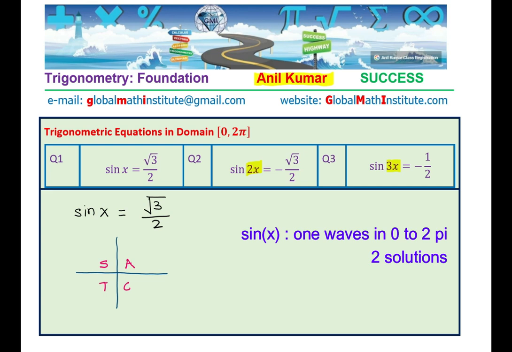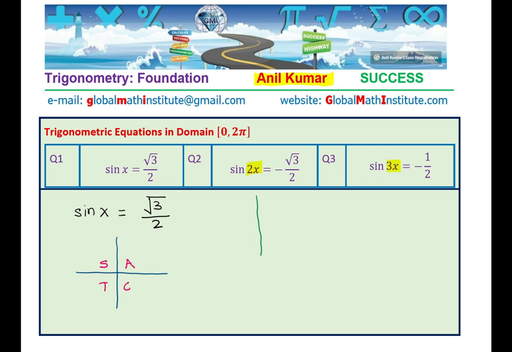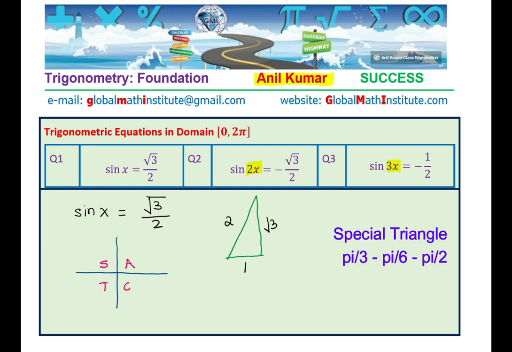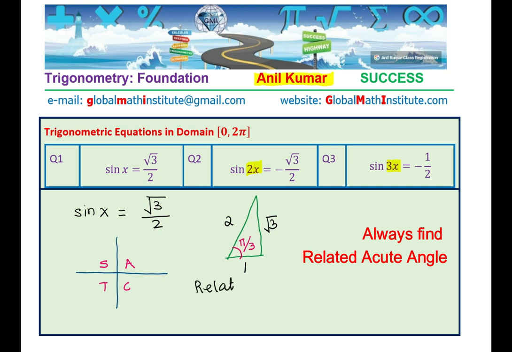To find the solution, we can look into the special triangle where the sides are in the ratio of 1 to square root 3. Square root 3 is right opposite to the angle pi by 3, correct? So the related acute angle is pi by 3.